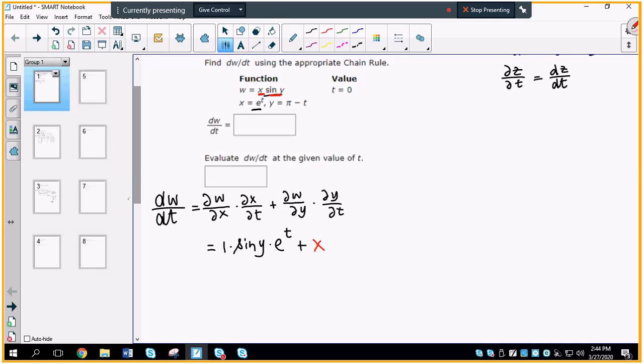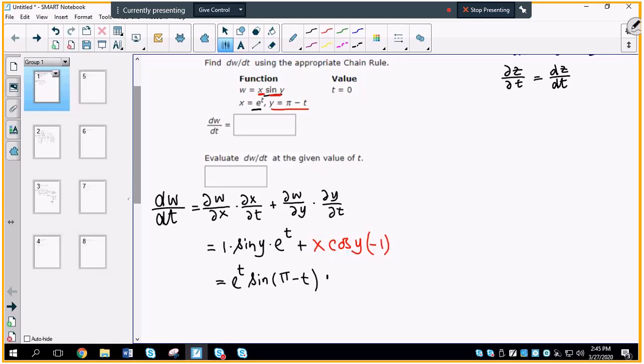So I write x cosine y, and then I do del y del t, which is negative 1. So I get sine y, but remember y is pi minus t, and e to the power t times sine of pi minus t. So I want to write everything at the end in terms of t so that I can use the value t equal to 0.